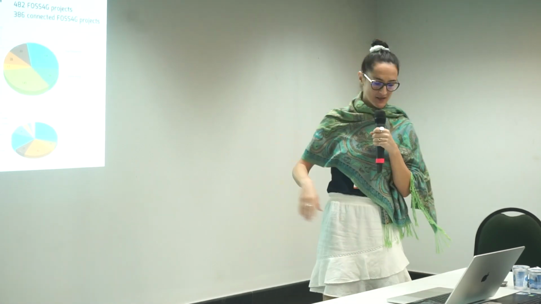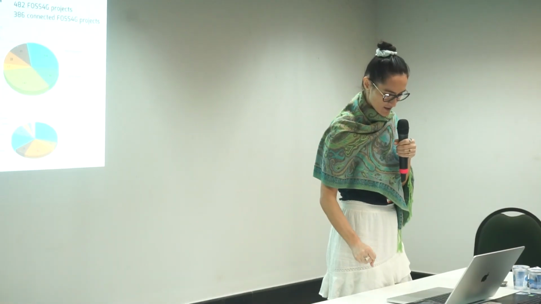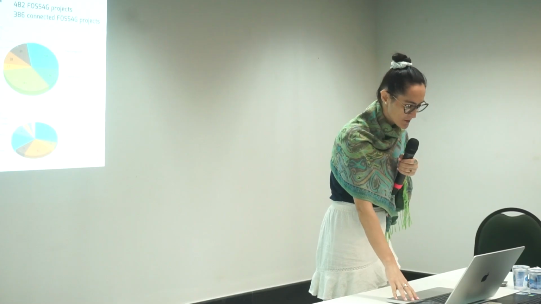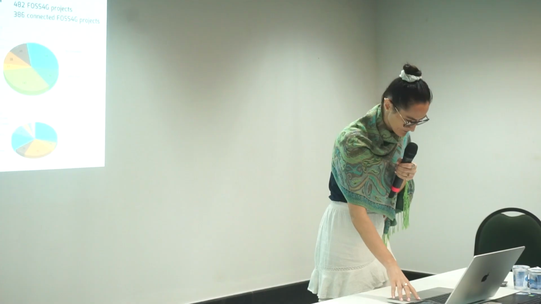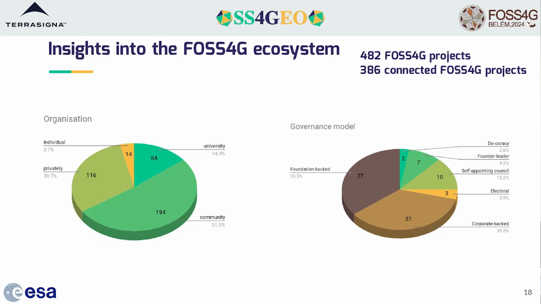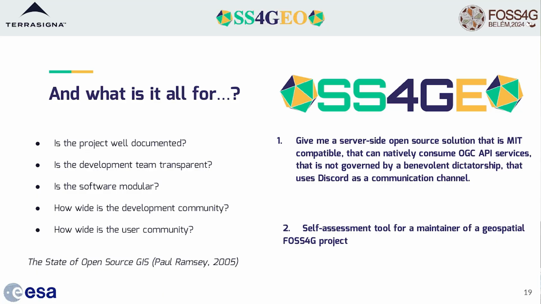Also, the license pie is quite diverse, and that usually can be a problem for interconnecting different solutions in your workflow. What I really like is the organization, the main organization that is supporting the project, and we can see that 194 are community projects. We also look at the governance model and so on.